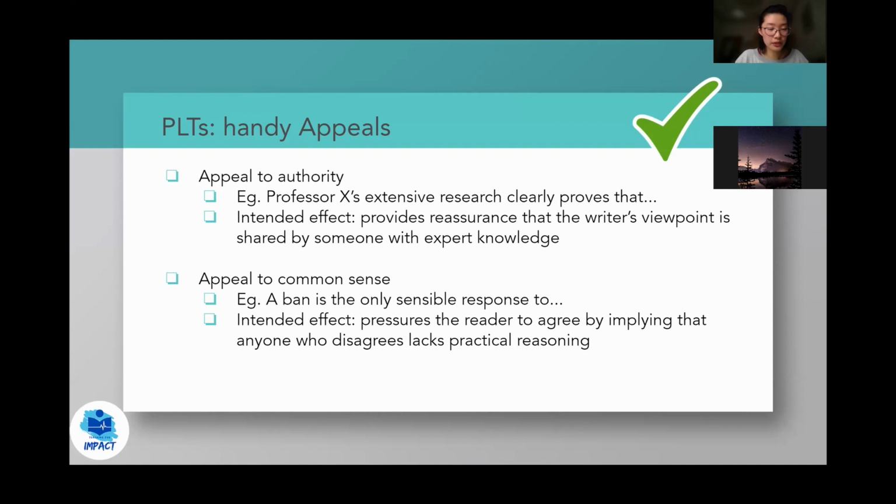So we'll talk about, for example, the appeal to authority. An example sentence would be, Professor X's extensive research clearly proves something, and we analyse the intended effect of this, specifically to provide the reassurance that the writer's viewpoint is shared by someone with expert knowledge.